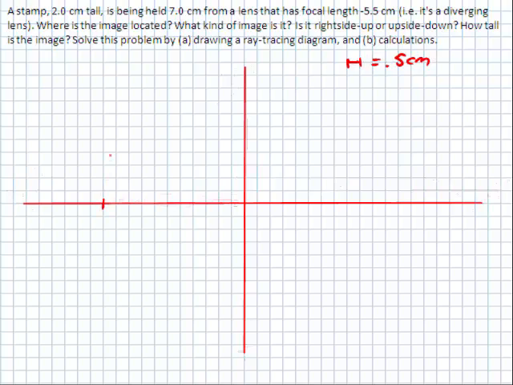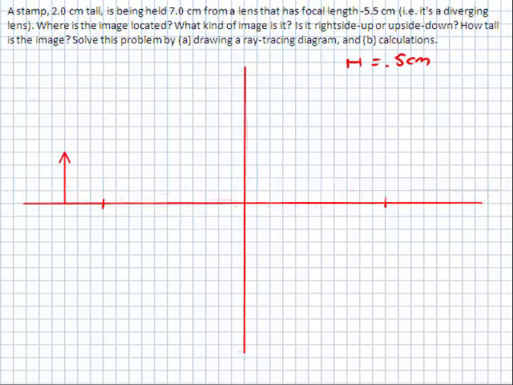That puts the focal point here. And here. Whether the focal length is positive or negative, you still count off that distance on either side to mark your focal points. And then we're going to have an object that is 2 centimeters tall, or 4 blocks. Right there, 1.5 centimeters beyond the focal point.